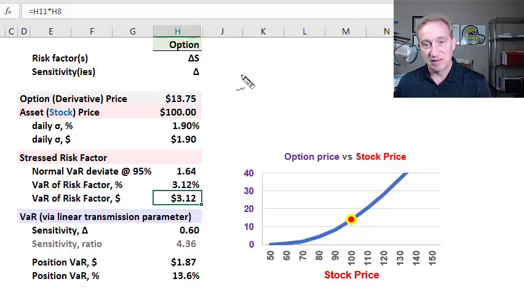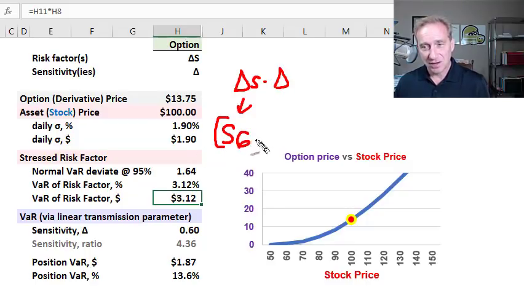So we go back to our basic template here. We're going to have a change in the stock price. That's our risk factor. And we're multiplying that worst expected change in the risk factor by the sensitivity, and that sensitivity is delta. And now what is the worst expected change in our risk factor? Well, in this case, it's going to be our stock price multiplied by our volatility, multiplied by the normal deviate associated with our selected confidence level.